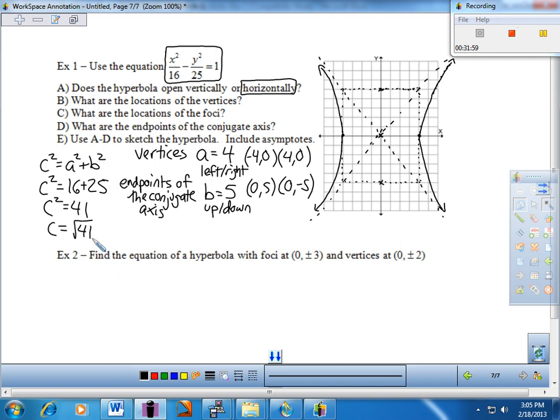And here's the question with those foci as I solve for c. So c is equal to square root of 41. And I guess the question, of course, is up, down, or left, right? And if you've kind of been following along so far, I'm hoping you're in agreement. It's left, right. Just past that transverse axis, of course.